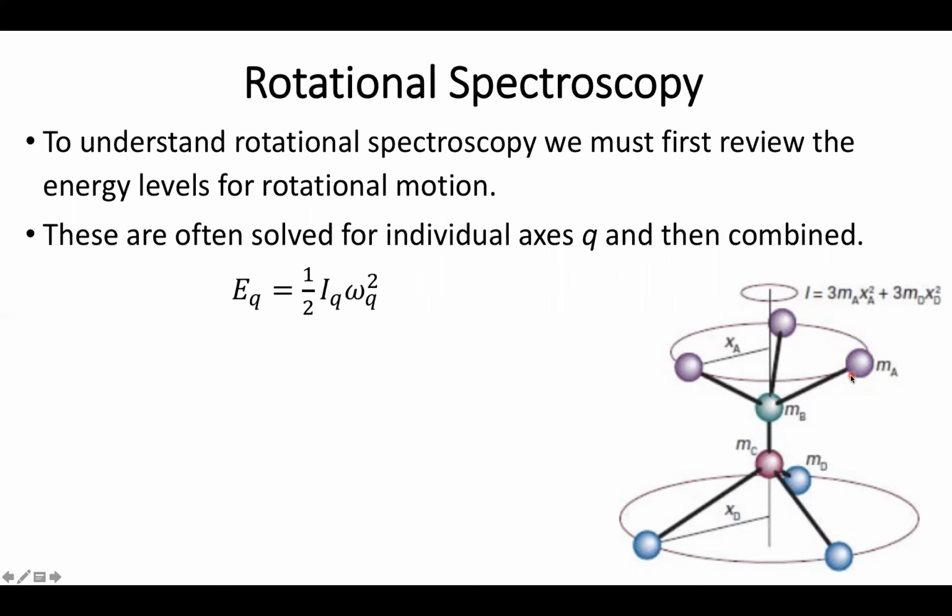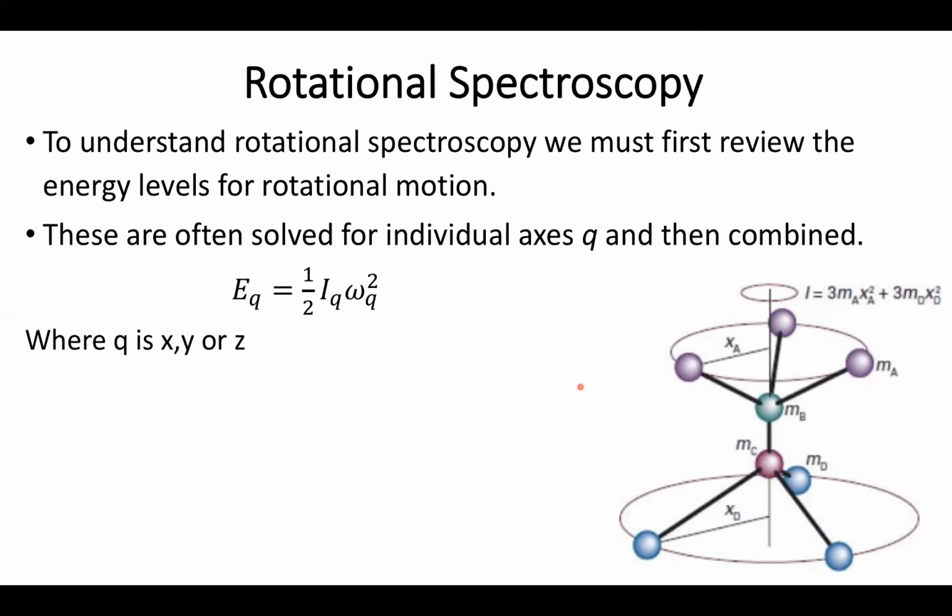The further away it is, the harder it is going to be to move. So anybody who's sitting way out far from the axes is going to count more. And our omega here is again going to be the rate of rotation in radians per second. So again, here my Q can be any of my axes, X, Y, or Z.